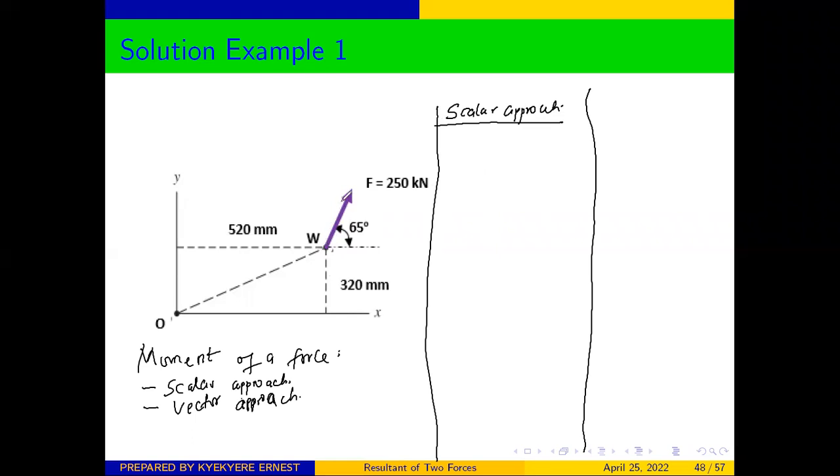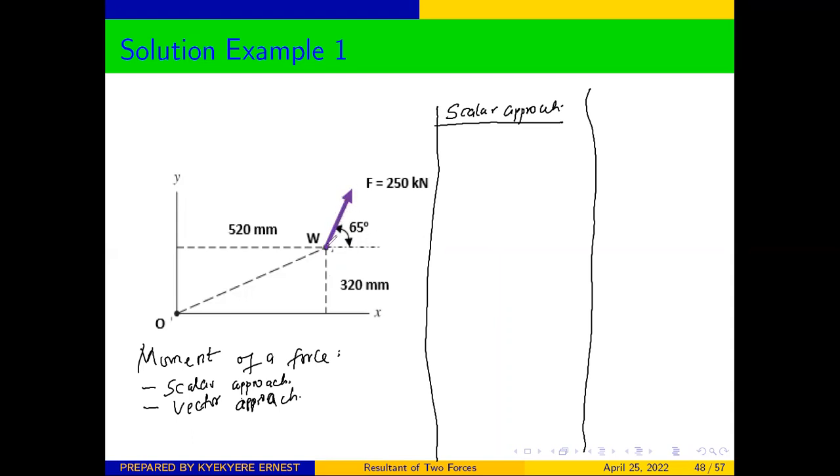You can see that our force is neither in the X-axis nor in the Y-axis, and we are told that the force makes an angle of 65 degrees with the horizontal axis.